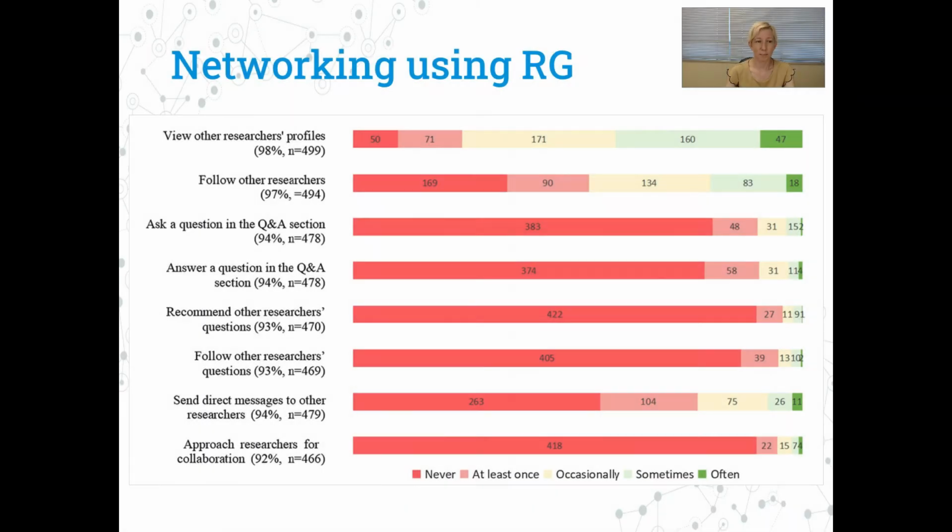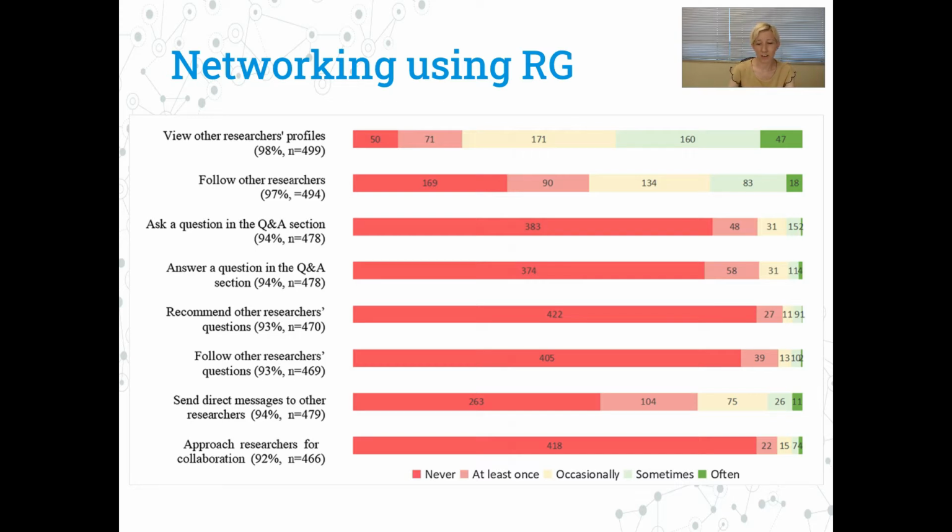So for example, if we look at something like viewing another researcher's profile, that's something that's quite passive. You just go and look. This is something that researchers in our study did somewhat frequently.